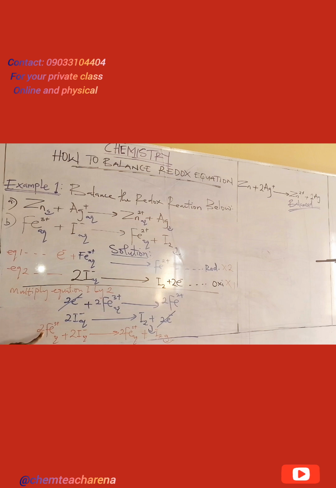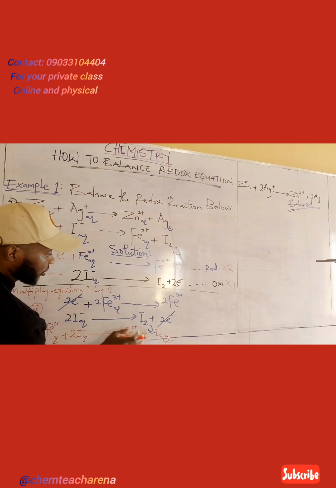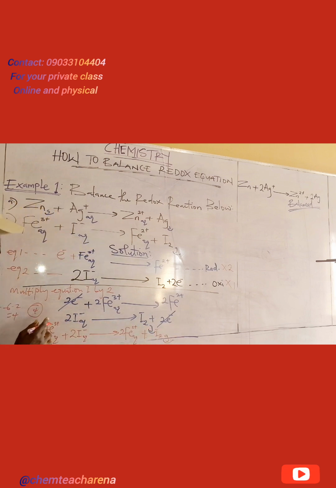Now let's look at the charge. 2 times 3 is 6. 2 times minus 1 is minus 2. 6 minus 2 is equal to 4. So the charge here is 4. Now 2 times 2 is 4 here, and I2 has no charge. So it is balanced.